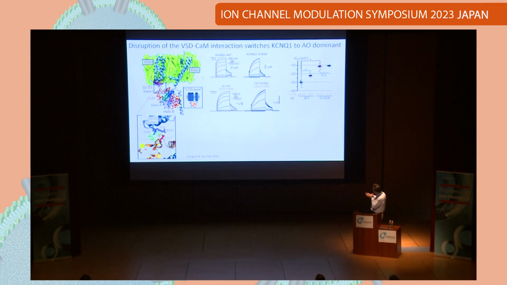We found that this mutation actually makes the voltage dependence shift to the right, and also makes the kinetics much slower. And then we made another mutation in the calmodulin, and it made a similar change to the channel, so that there is a shift of the GV to the right, and also a slowdown of the kinetics.